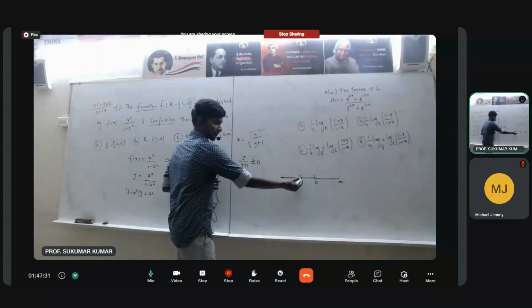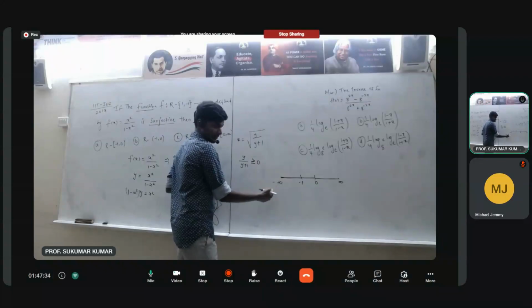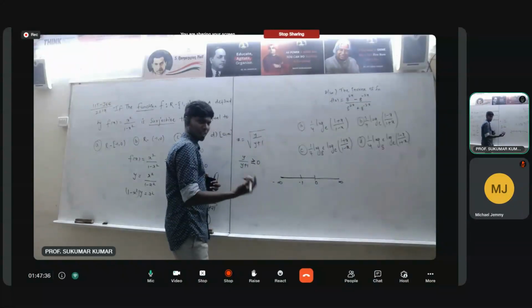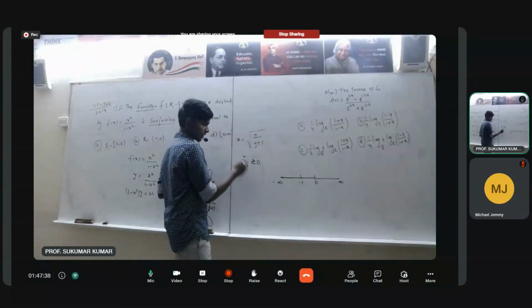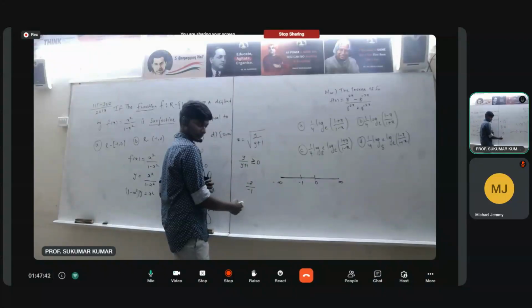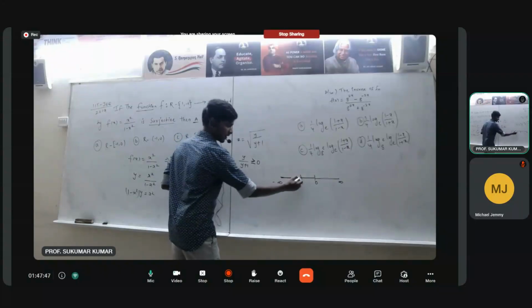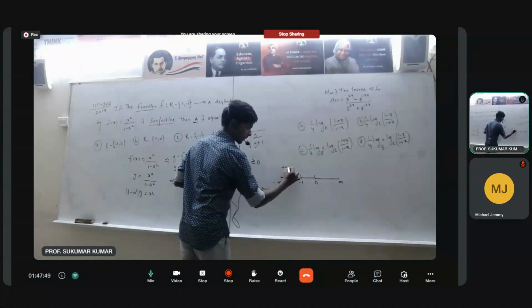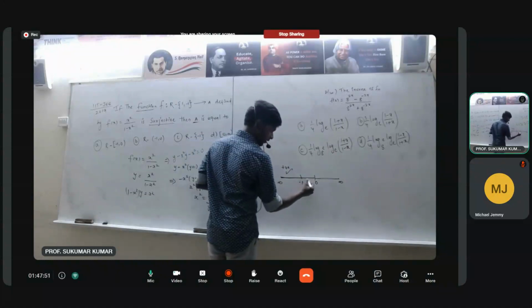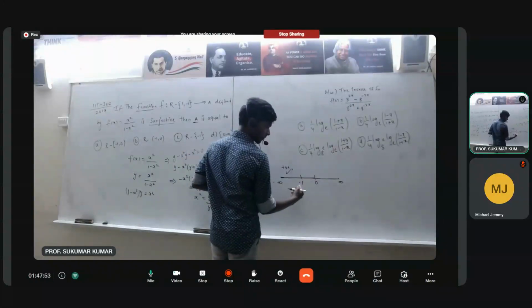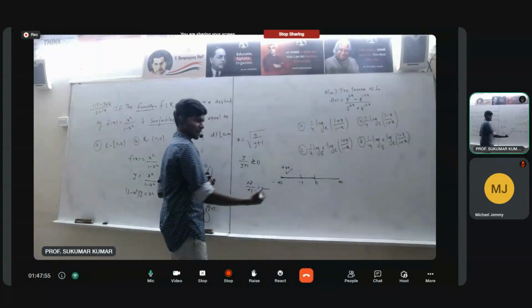See, from here to any number you can take. Minus infinity to minus 1, any number. Maybe minus 2, can we take minus 2? If you put minus 2 divided by minus 1 now, minus and minus will be cancelled, positive 1 will come. So this is a positive thing. Minus 1 to 0, what do we take? Can we take minus 1 by 2?